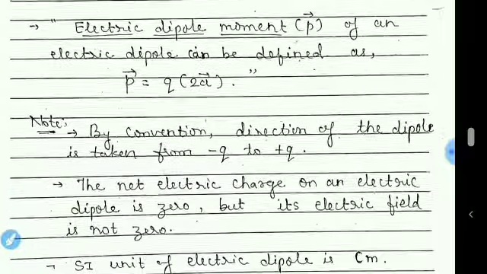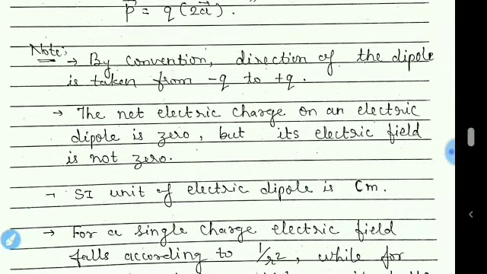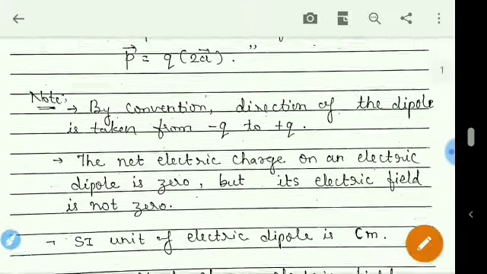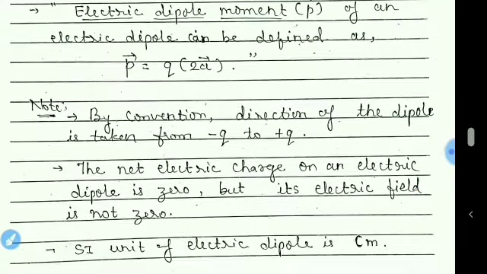Then the next point is about the SI unit. The SI unit of an electric dipole is coulomb meter. Now students, earlier also I told you that whenever we have a formula of any physical quantity, we can get the unit as well as dimensions easily.